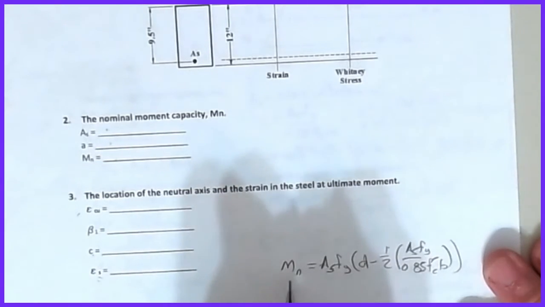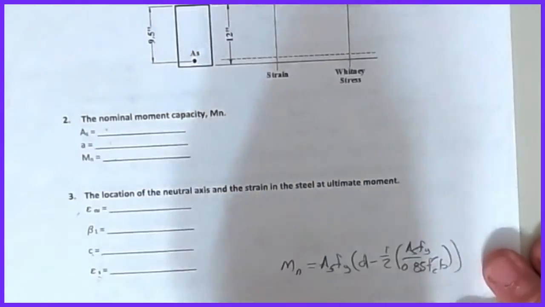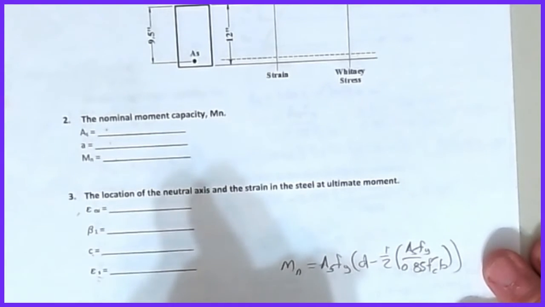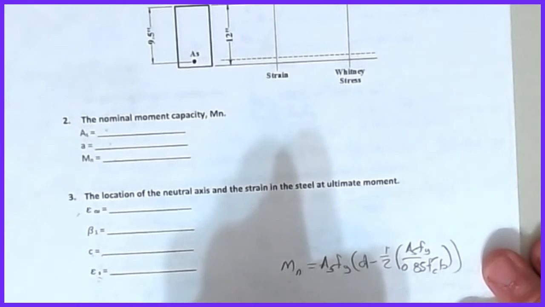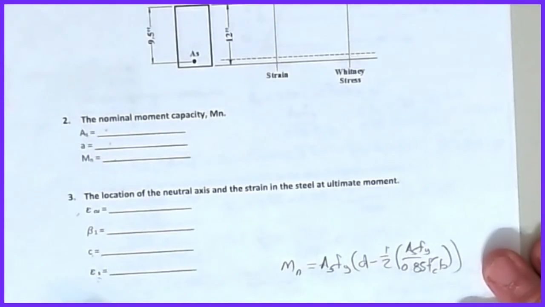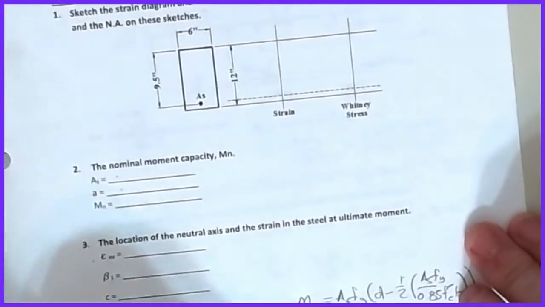I can just plug in values and get Mn, and I don't have to do any of the a to c conversions. But you still have to check that epsilon t is greater than 0.005, or is epsilon s actually less than epsilon y? Because if so, we violate our assumption in the derivation, and we have to go back and fix some things. But you've got to always make that check.